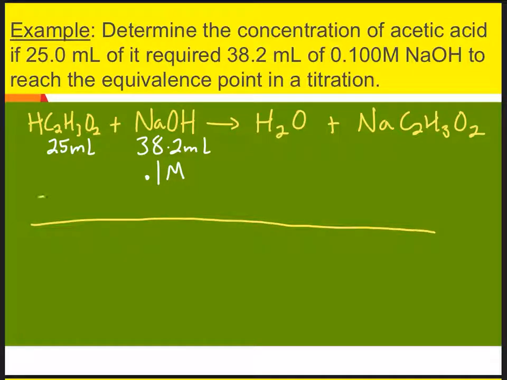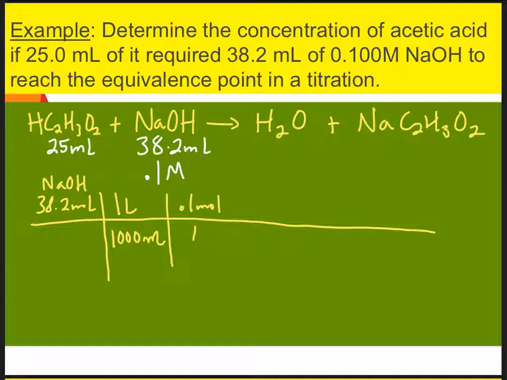I'm going to start with 38.2 milliliters of NaOH. I'll write it above here, NaOH. Let's get into liters first. 1,000 milliliters in 1 liter. And we're going to use our molarity here. So there is 0.1 moles per 1 liter.